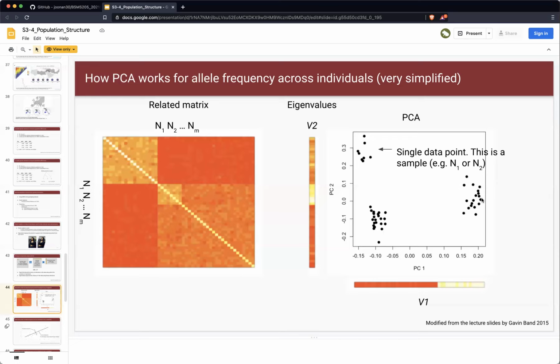So the allele frequency has to be decomposed, which means it has to be reduced into the ancestry information, right? So the genotype data set has to be explained by different populations, right?